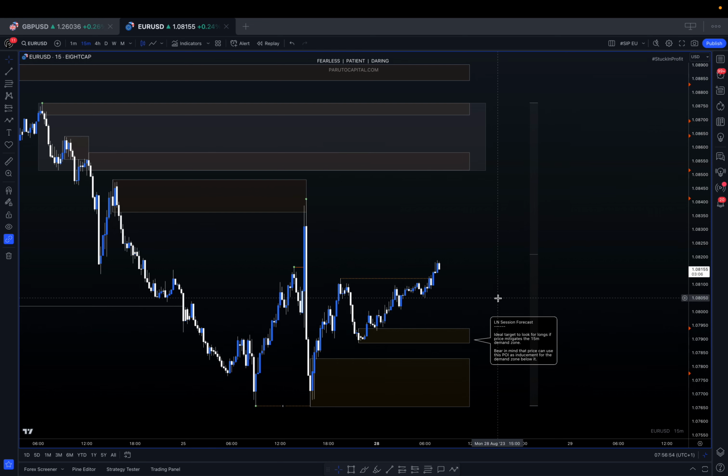Okay, so that's just a note for me to have in mind, that price can use this POI as an inducement to tap into this area before price continues to push up. Right, so that is that really.